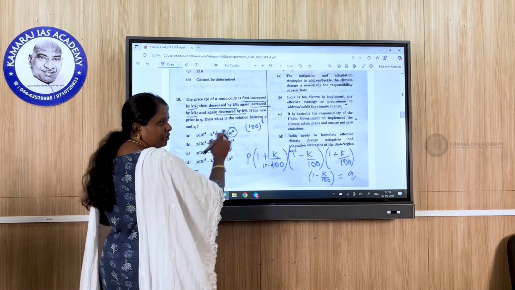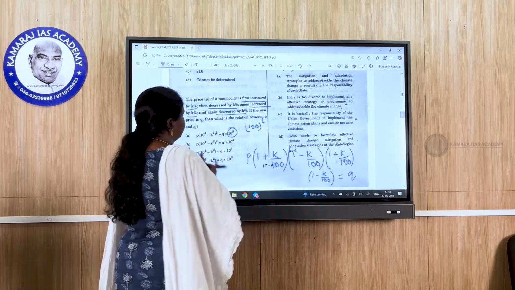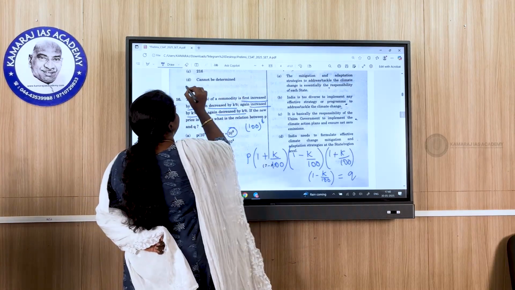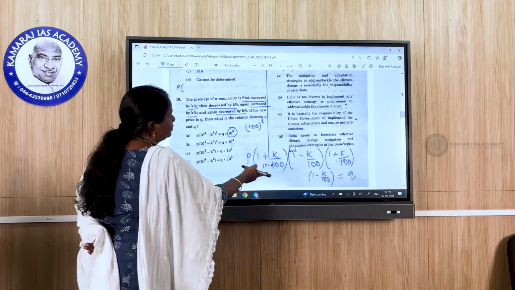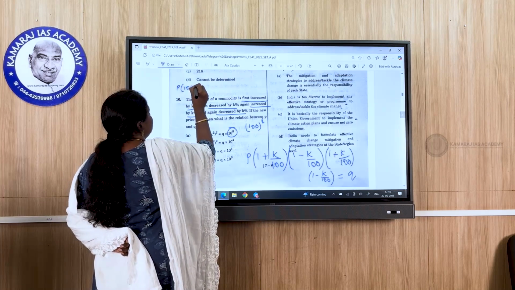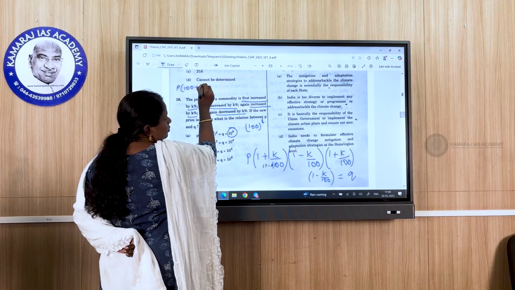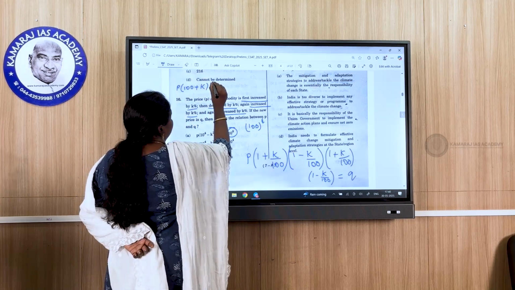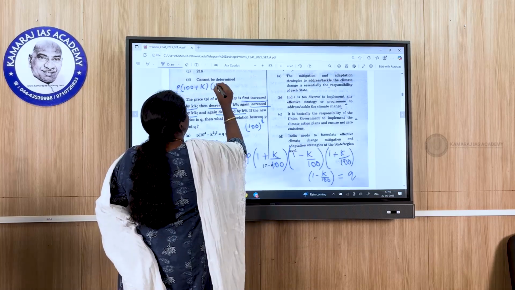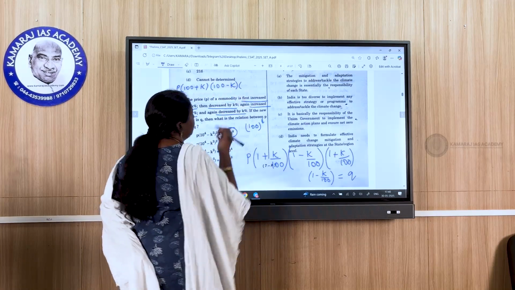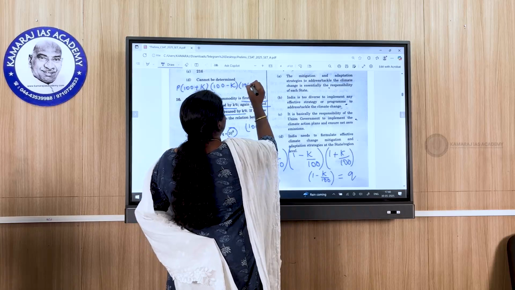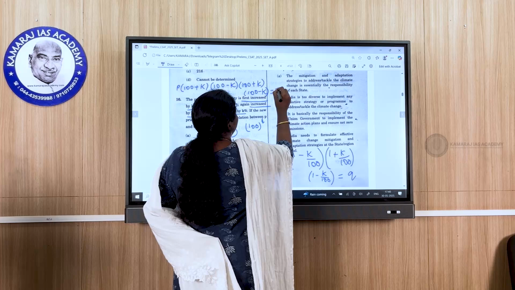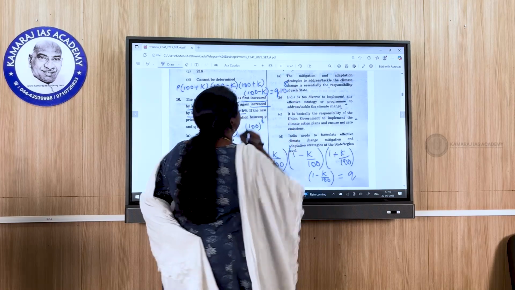So Q into 10 power 8 on the RHS. What about this side? So see here, I will be getting P into 100 plus K and again 100 minus K, then again 100 plus K and then again 100 minus K, which is equal to Q into 10 power 8, right?